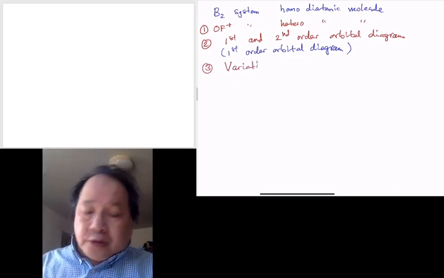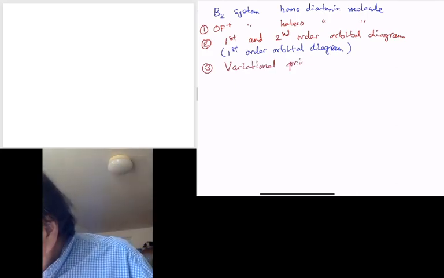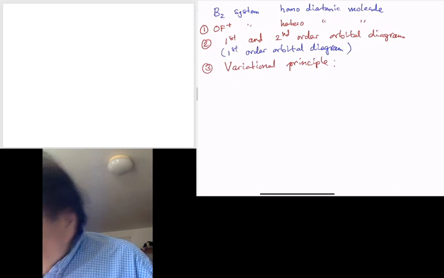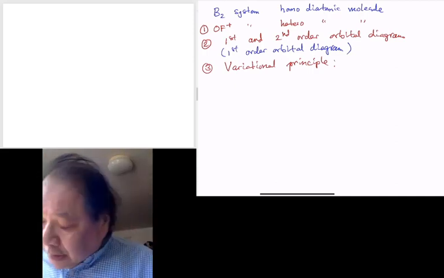The variational principle derives from Schrödinger and Heisenberg. And it says the following.